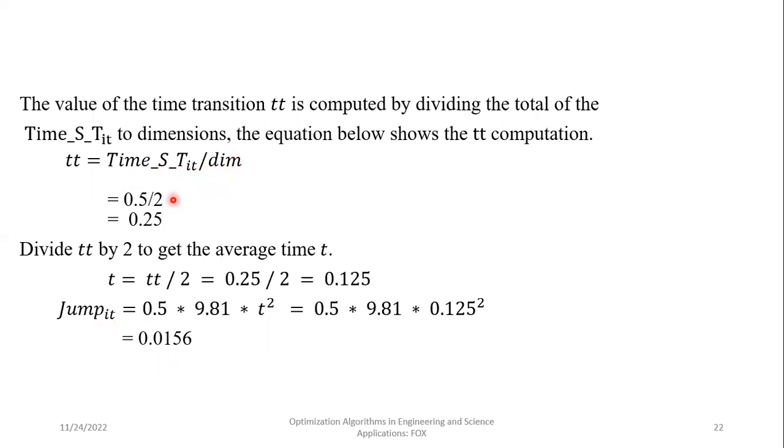We have 2 dimensions, so 0.5 divided by 2. So the time is found, and we will divide it by 2 according to the visual that I showed you. You have a distance from prey and the fox, so we take half of it. Therefore, we divide by 2, and then we found the jump here.